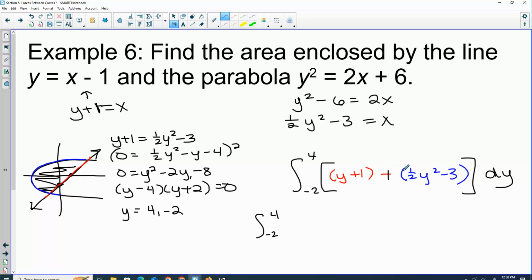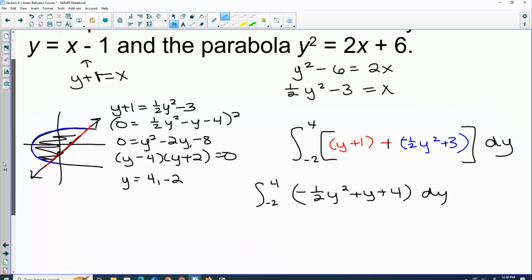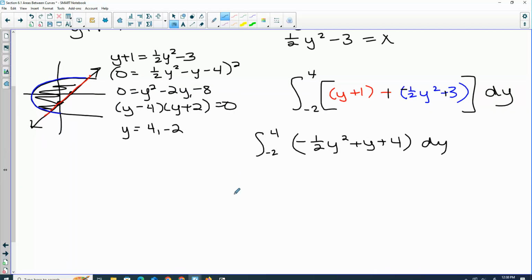If I distribute this negative, then I would have a -1/2 y squared, a positive y, and a plus 4. All right, so the antiderivative of -1/2 y squared: add 1 to the power, 1/3 in front, so -1/6 y cubed, plus 1/2 y squared, plus 4y.